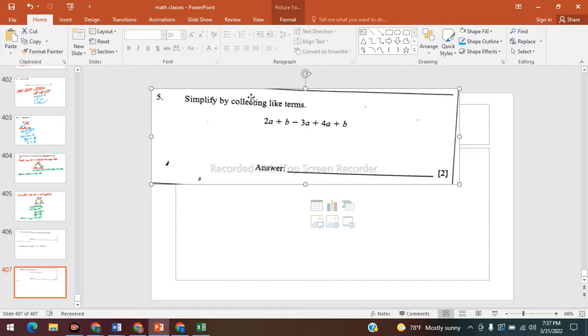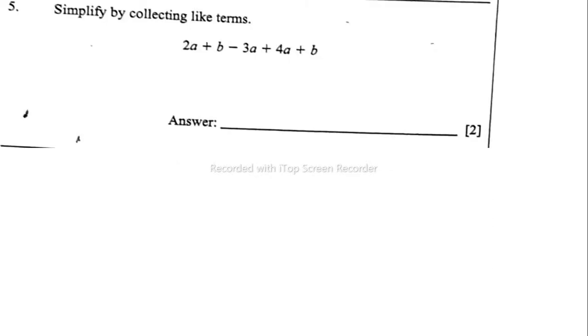All right, so how will we do this? How will we collect the like terms? Go ahead. Don't be shy. Put all the A's together. Okay, that's one of them.